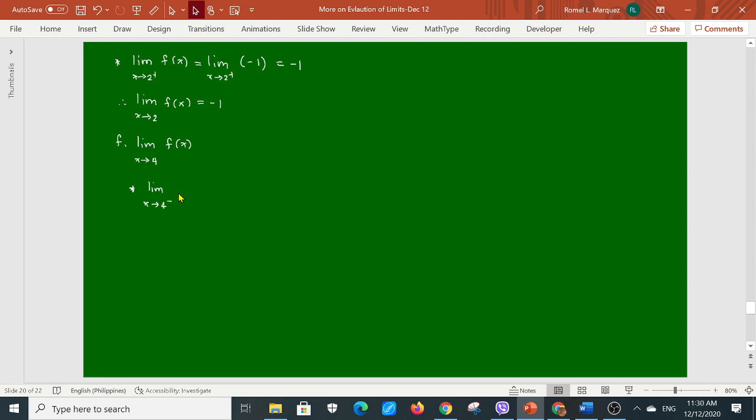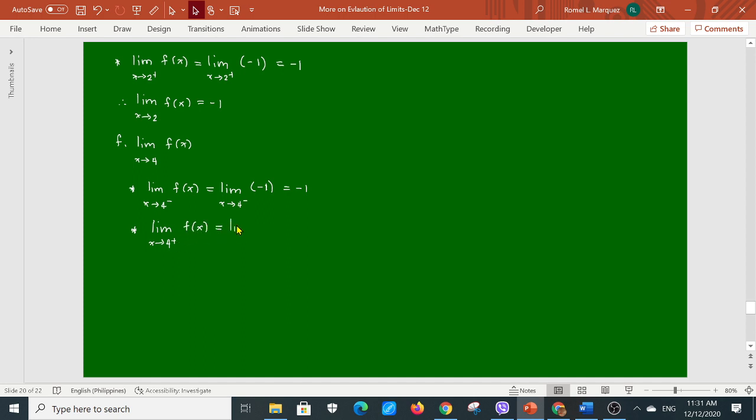From the left first. From the left, how do we define f of x? Negative 1, so this is negative 1, the limit. What about if it is from the right? How do we define f of x?